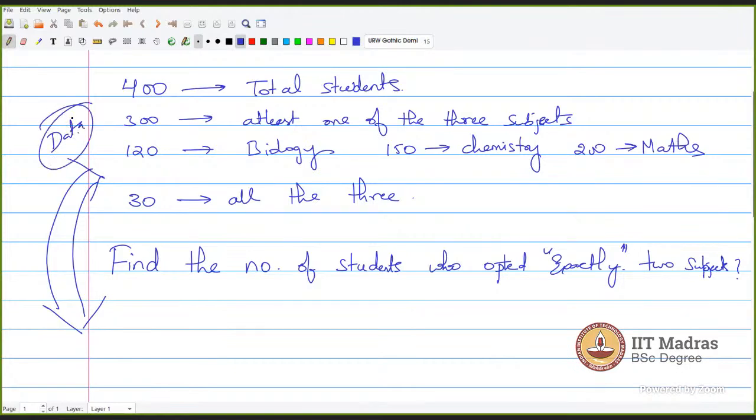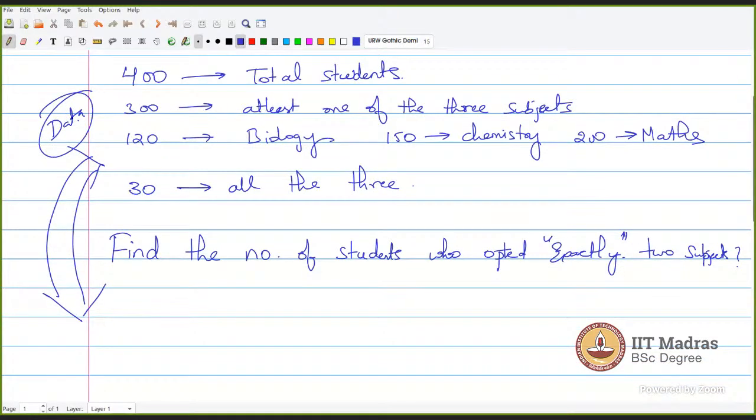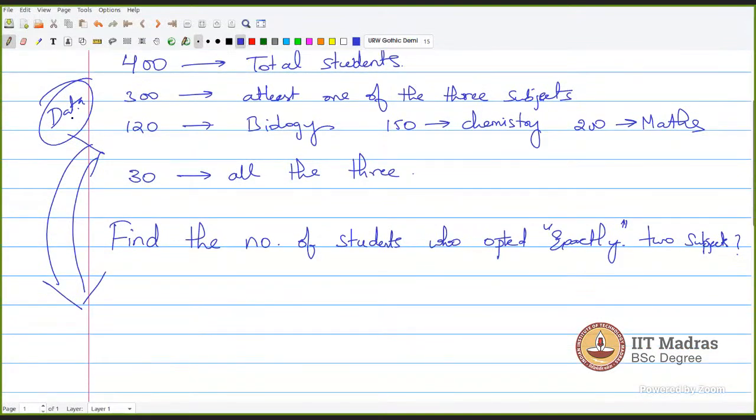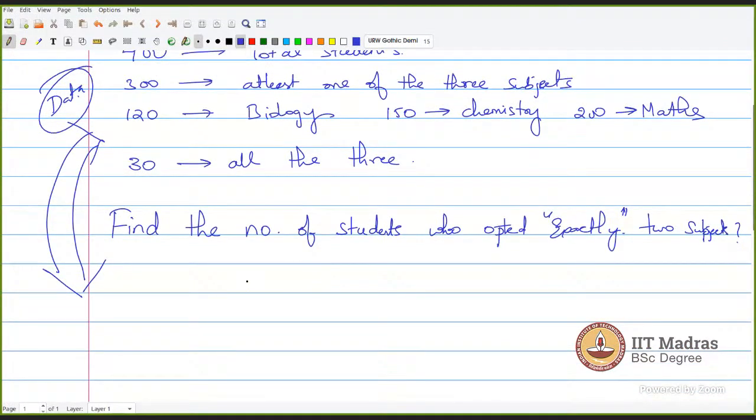So this is the data we have, and I want to convert it into mathematical terms. I take the number of people taking biology as my set B. This particular set contains all the students who opted for biology.